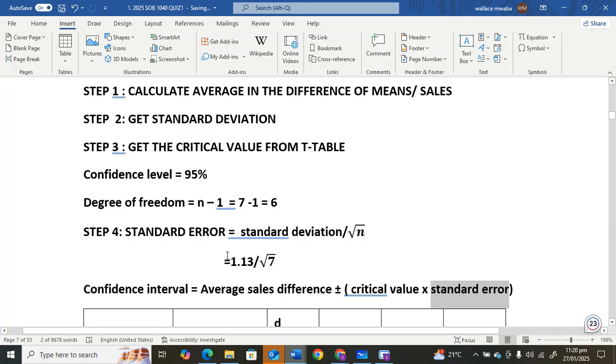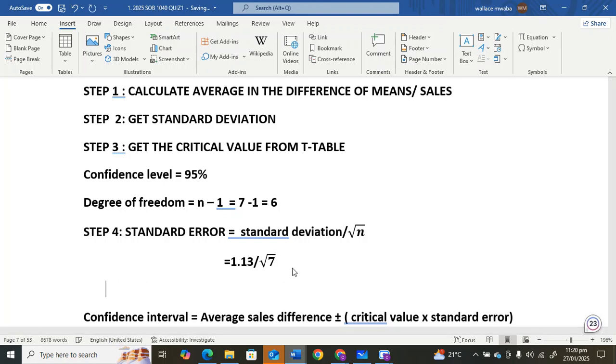What was the value of our standard error? 0.4271. Let's leave it at 0.43 to make life easy.